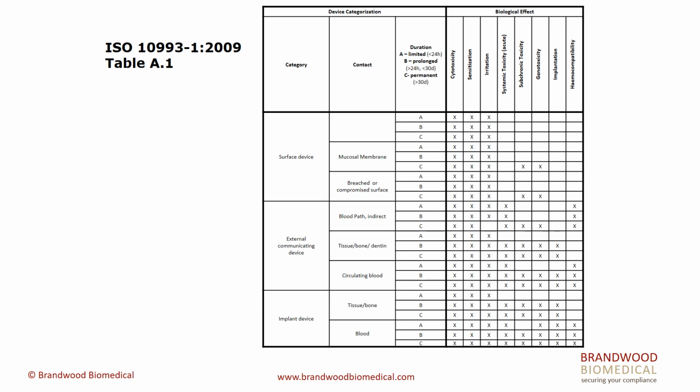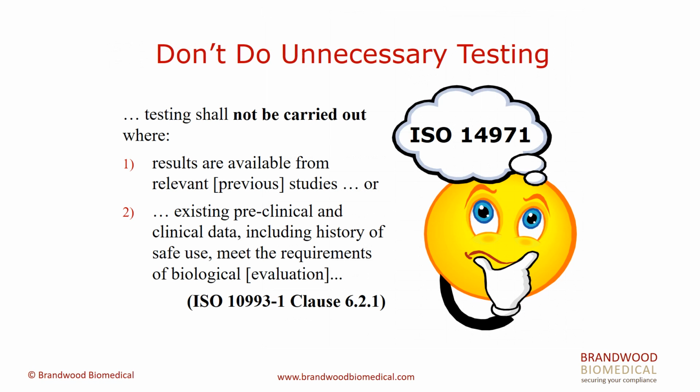Notice I said consider. It's always been that way, but for far too long this table has simply been considered a checklist. Manufacturers have looked at the table, decided where they are, and then gone off and commissioned a laboratory to provide test reports wherever there's an X in the box. Now, it's not a checklist.